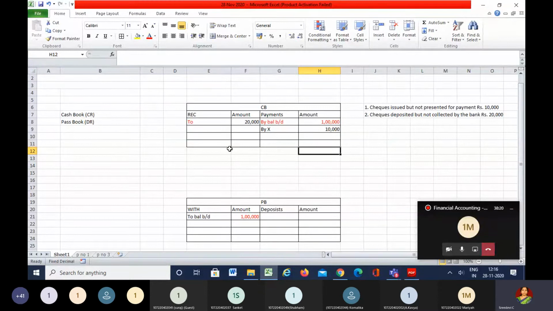This way also you can remember it. But for this also you need to always draw a rough cash book and also a rough passbook to decide whether it is to be added or whether it is to be deducted. I just gave a very simple way of understanding here.